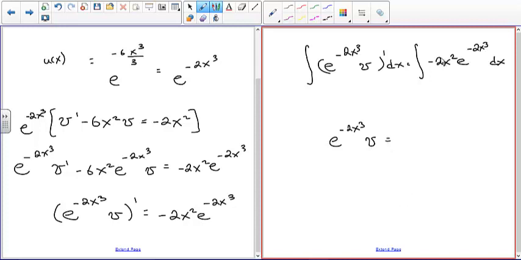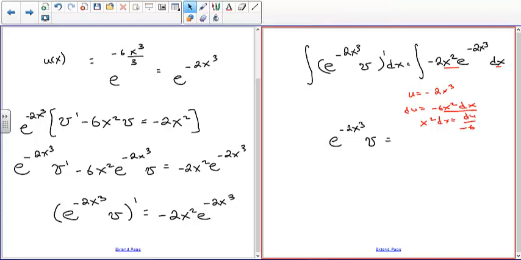And the integral of this, you have to use u substitution. So you'd let u equal the exponent. So you get du is equal to negative 6x squared dx. What I have here is x squared dx. So I need to solve for that. x squared dx equals du divided by negative 6.